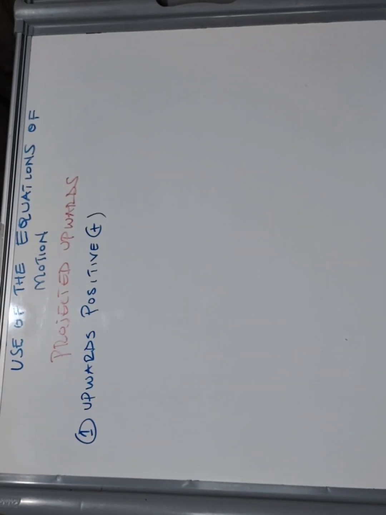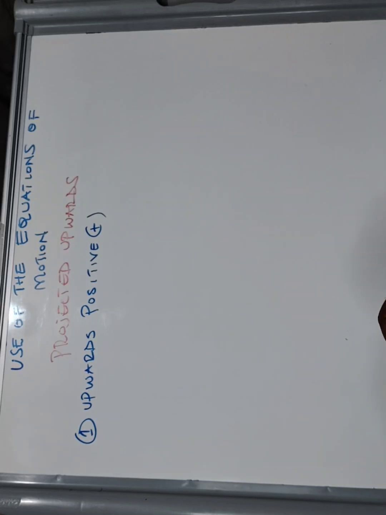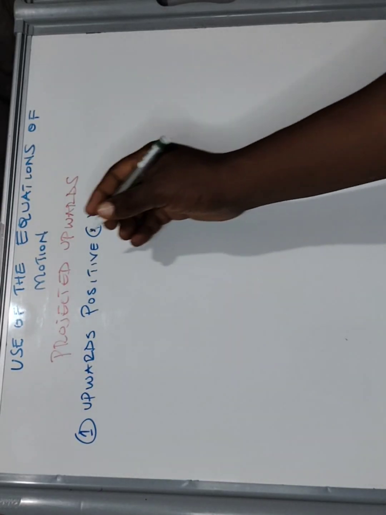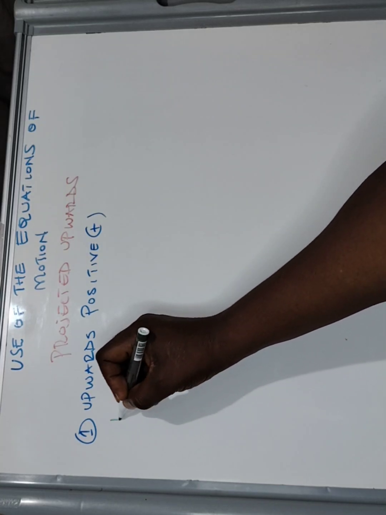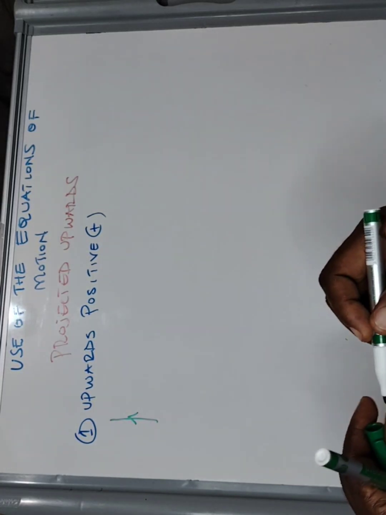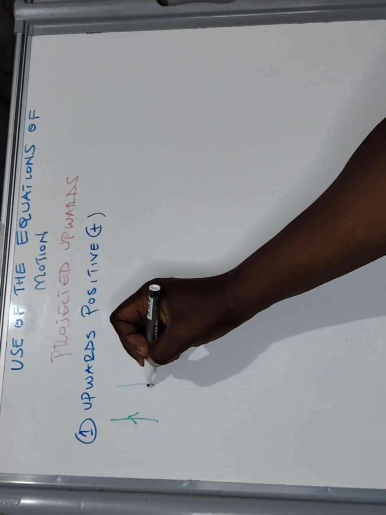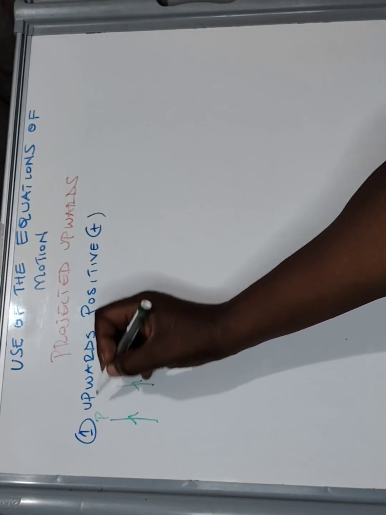So we are having this scenario projected upwards, and we are taking upwards positive. So this is what we normally do. I would urge you to do the same. Meaning, this is the projection. It's upwards. And what you have here, this is the projection.